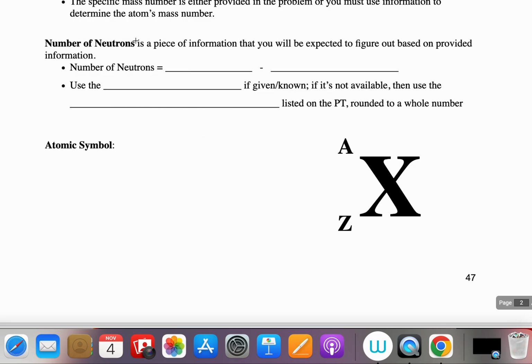The number of neutrons is a piece of information that you will be expected to figure out based on information that's provided. The number of neutrons is simply the mass of the atom minus the number of protons in its nucleus.